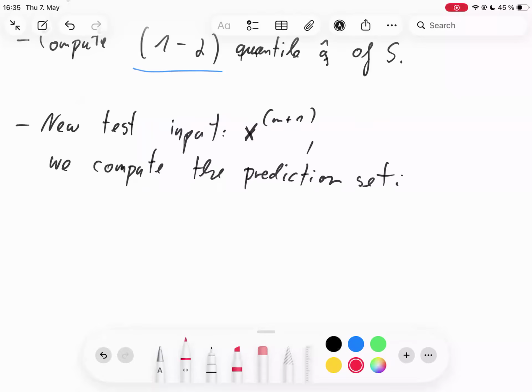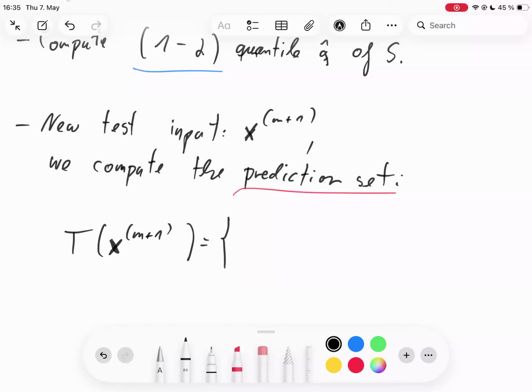The prediction set is often denoted as T. So for the prediction set of our test example, we would define the following.